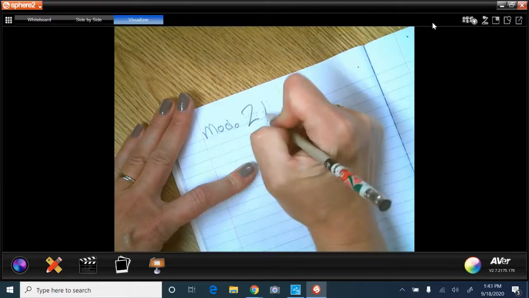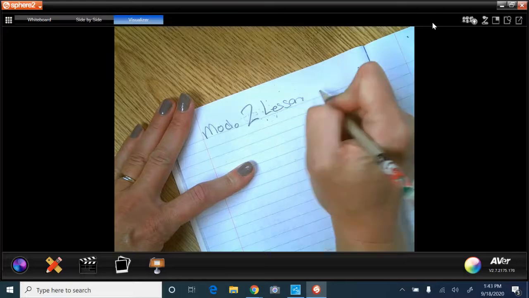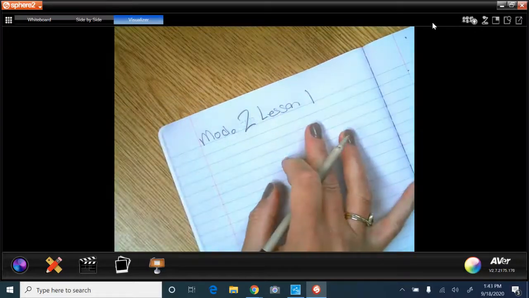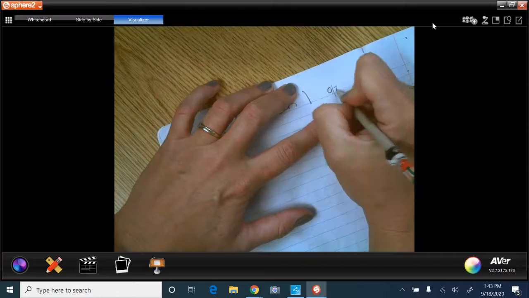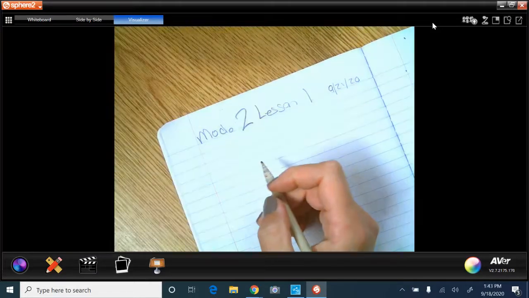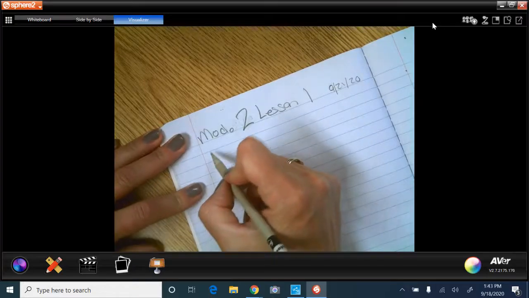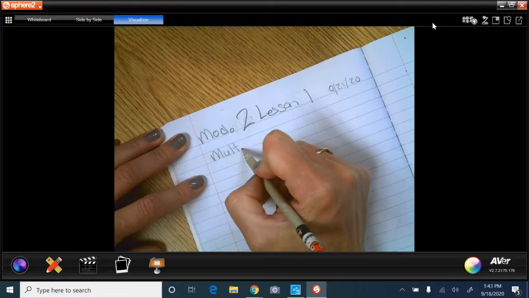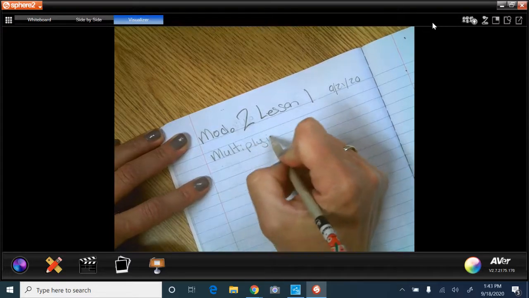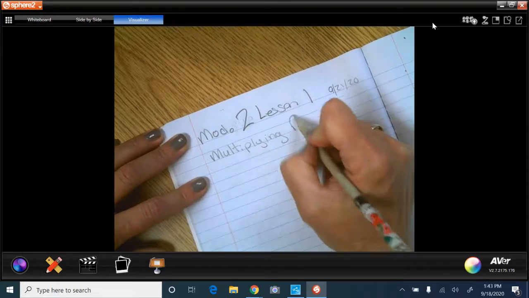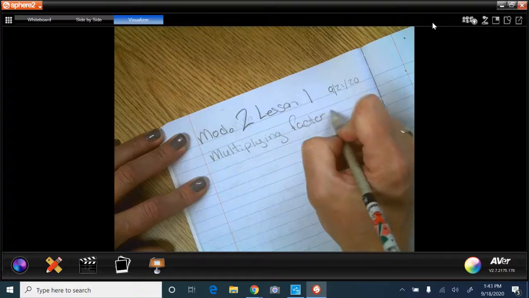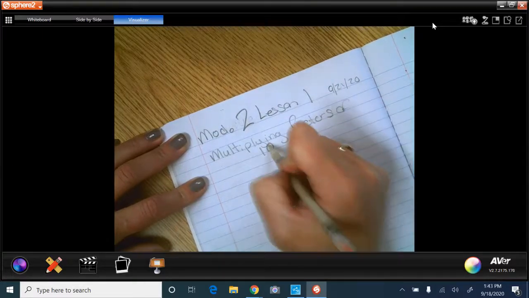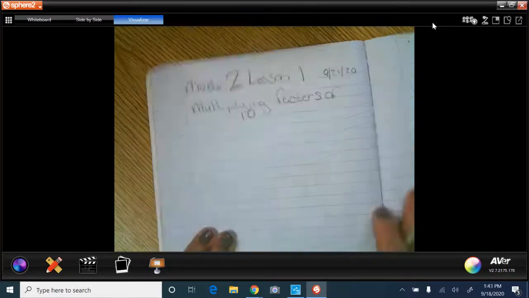Module 2, Lesson 1, on today's date, which is the 21st, 9/21/20. Okay, and today's lesson is all about multiplying factors of 10. We're multiplying factors of 10.